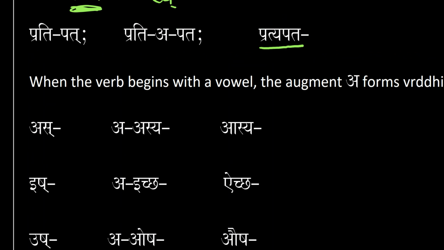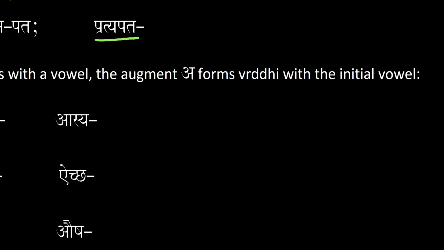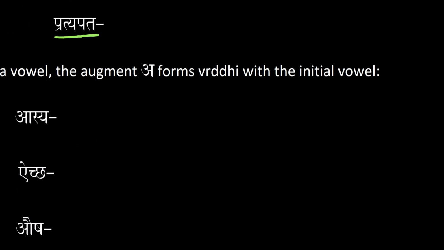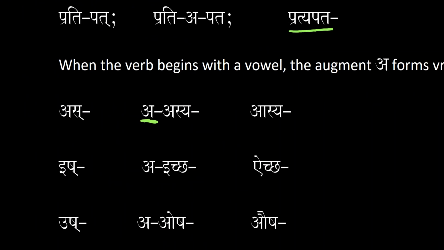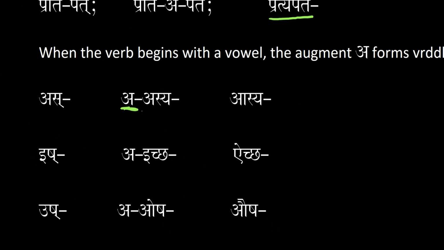Now, as would usually be asyati, for example, for third person singular in the present tense. But since we have an 'a' being added, the rule says that when a verb begins with a vowel, the augment forms vridhi with the initial vowel. So the initial vowel is 'a'.